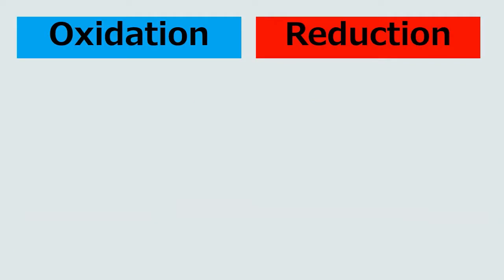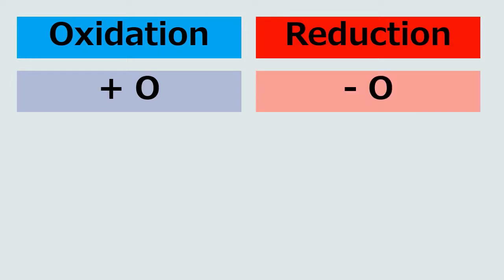So, for the first terminology, we can conclude that in oxidation, a substance will gain oxygen, while in reduction, a substance will lose its oxygen. If the reaction doesn't involve oxygen, we need another terminology to explain the redox reaction.